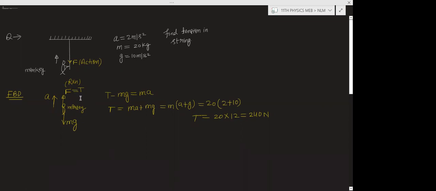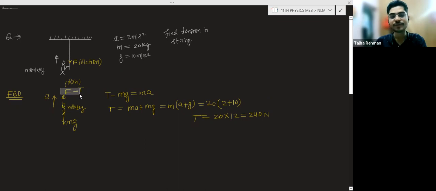Sir, but this F is acting on the string and tension is also on the string itself. Yeah. Basically, this F, I have just written as this F. Okay, this is T basically. Both are the same thing. This F and this T both are the same thing. What I want to say is, this F is the reaction force.